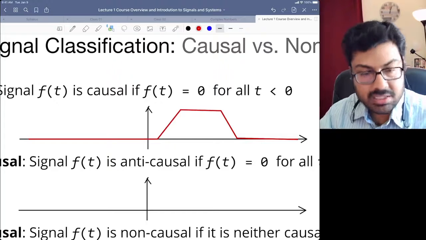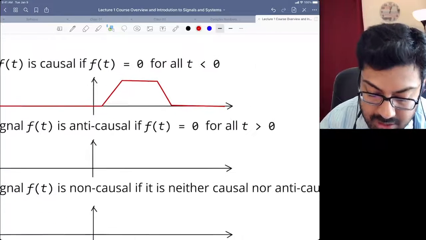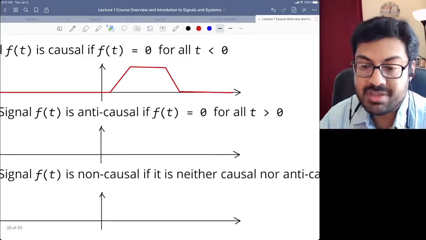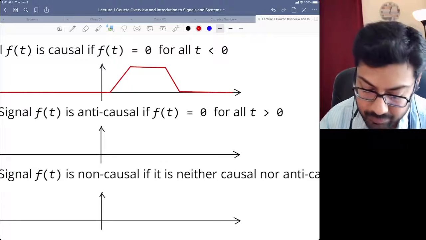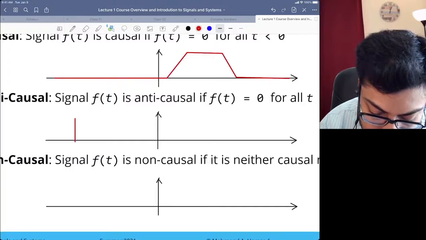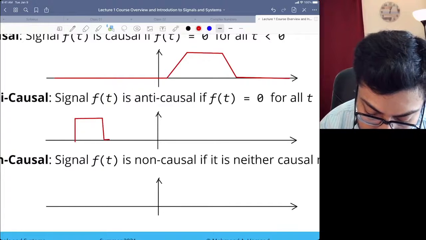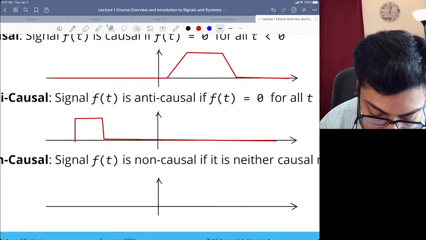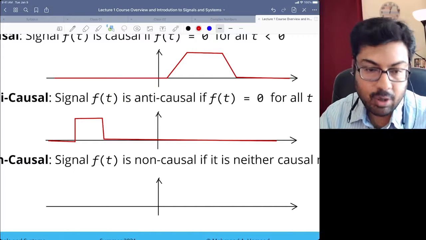That's a causal signal. An anti-causal signal is where f of t should be 0 for time greater than 0. Sort of the opposite. That's an anti-causal signal.